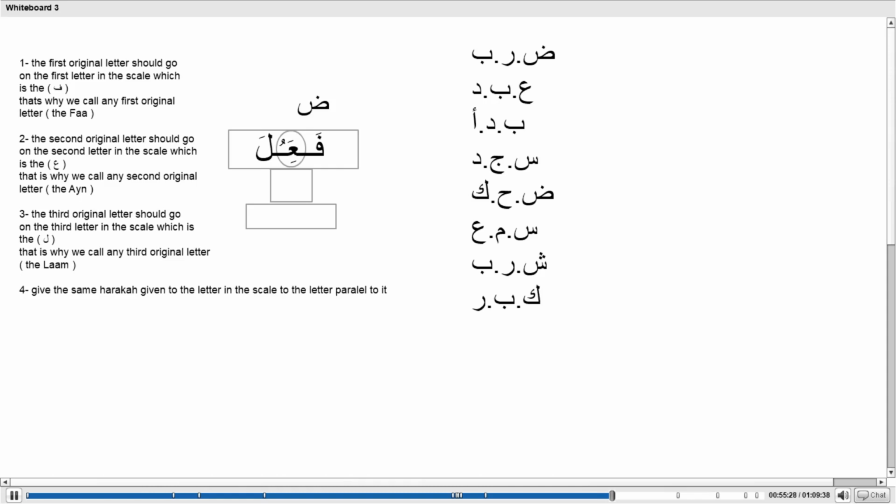Okay? So let's do it. The ba, we place it where? Over the fa. So what do we call the ba in these root letters? We call it the fa.